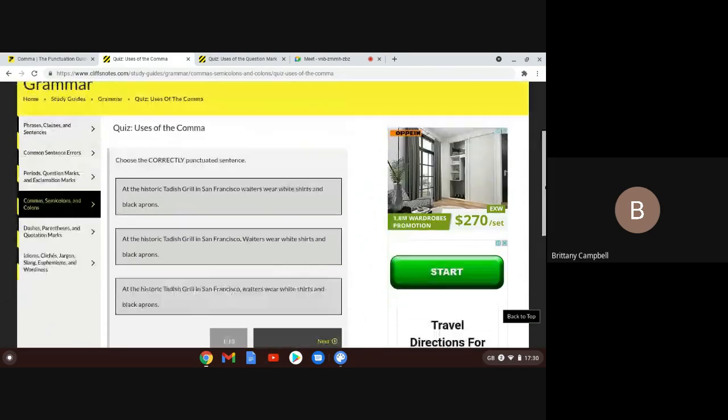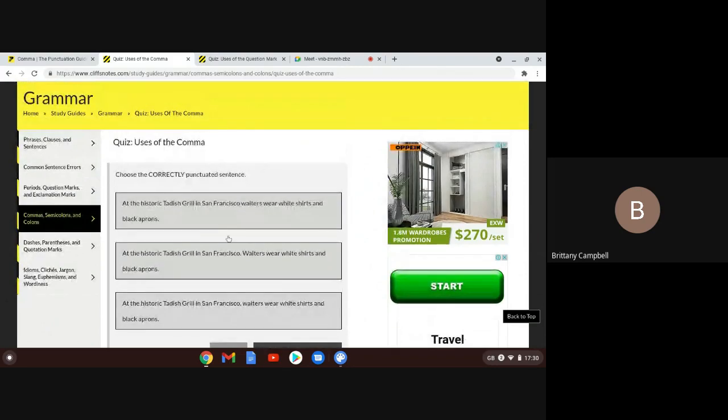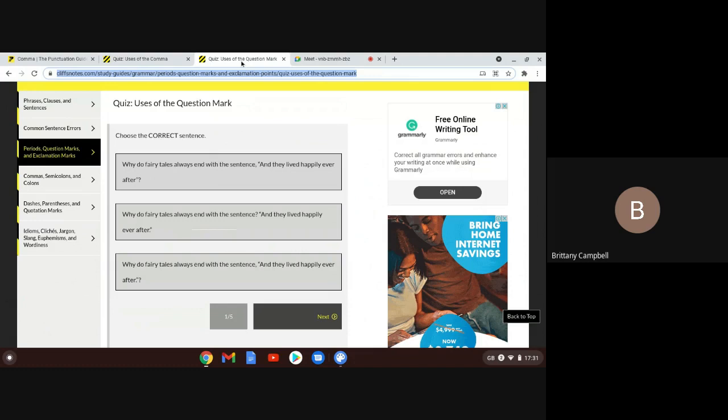I'm going to post the links in the description and you'll be able to access them. It says choose the correctly punctuated sentence, and you're using the comma. Then you're moving on to the use of the question marks. For this, it's only 5 of them, so you're going to choose the correct sentence with the use of the question mark.